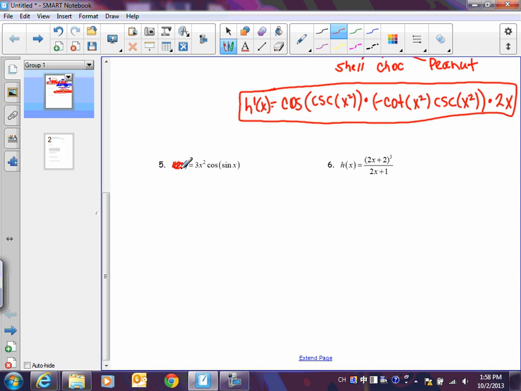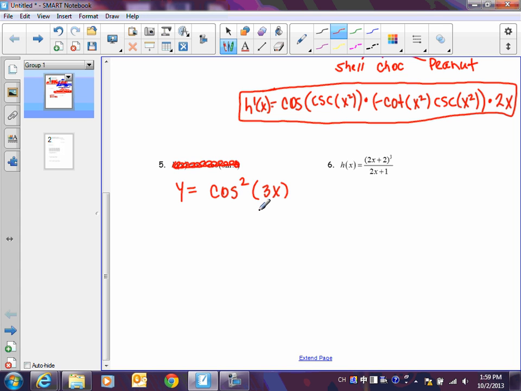Okay, now I want you to scratch out the example on number 5. Write y equals cosine squared 3x. We're going to do another one of these, but I kind of changed it up.